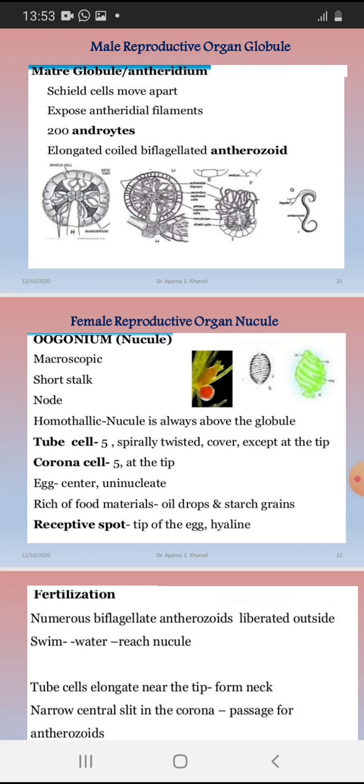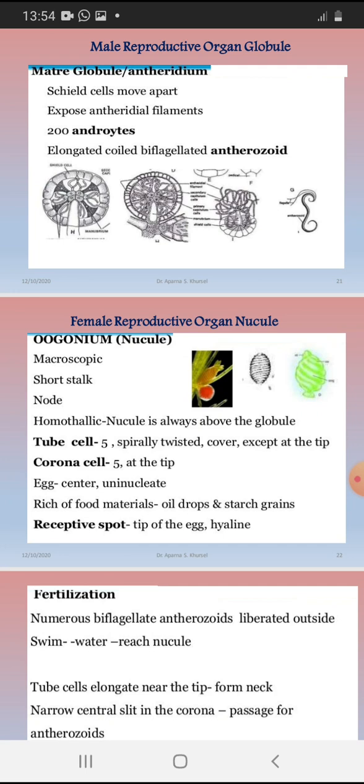Internally, nucleus shows simple organization. It remains surrounded by 5 long spirally twisted tube cell which is present at the top of nucleus.